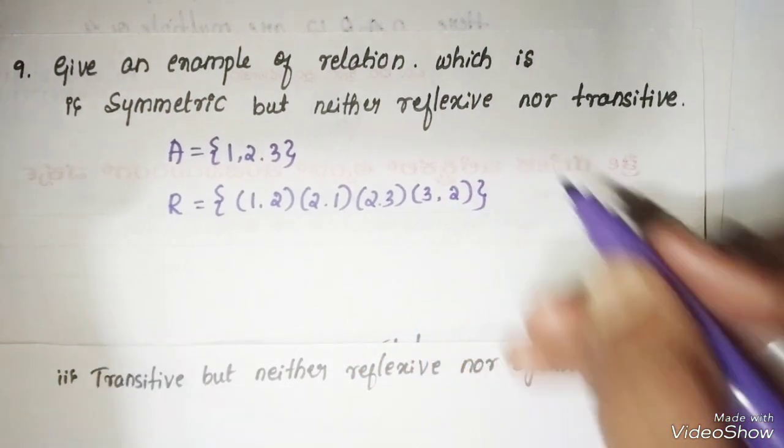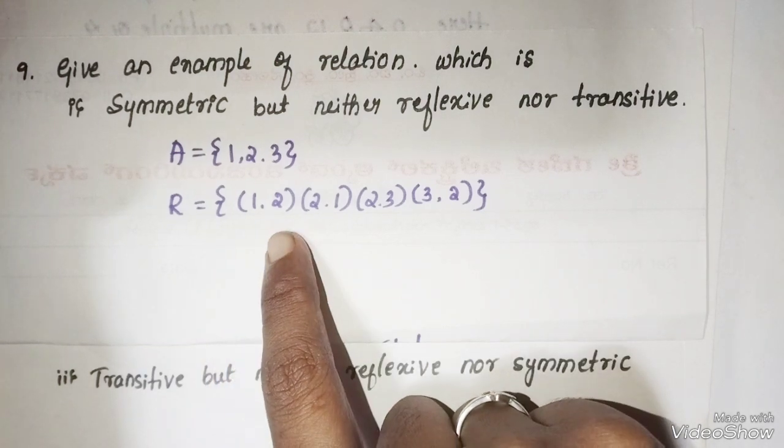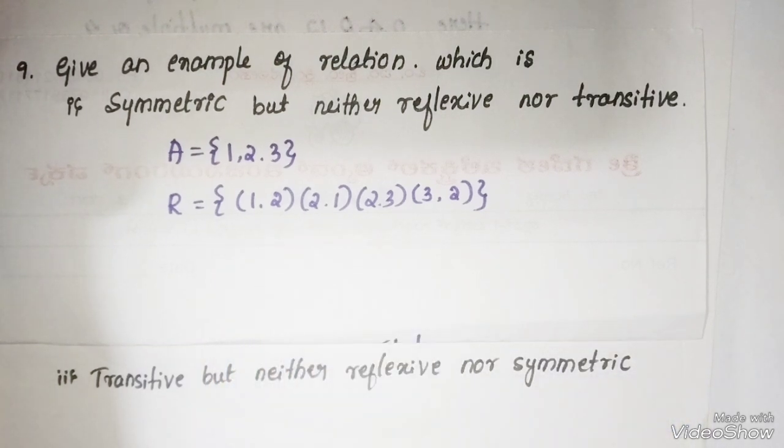This is an example for symmetric, neither reflexive nor transitive. Here 1 is related to 2 and 2 is related to 1. There is no (1, 1), (2, 2), (3, 3) here. Therefore, it is not reflexive. Any transitive conditions here? Nothing. No transitive conditions are possible.